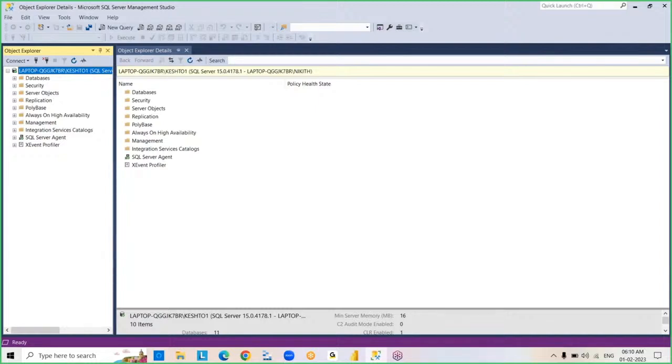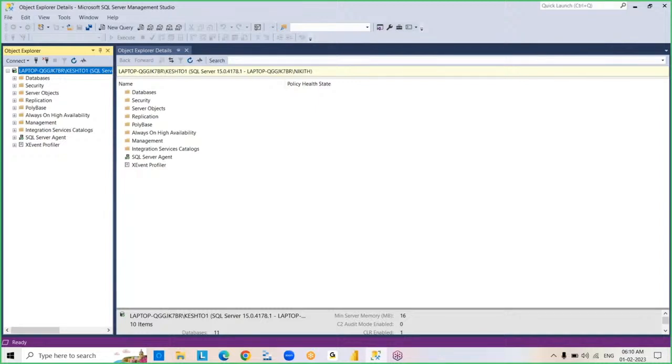So let us see how to work with the commands part.